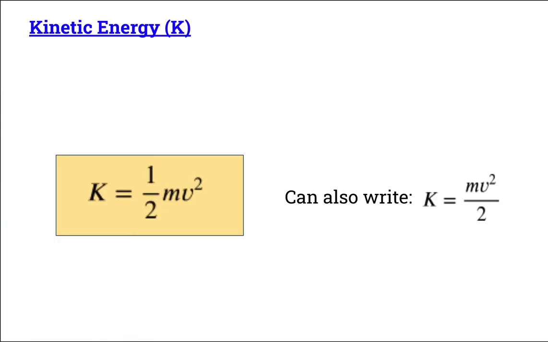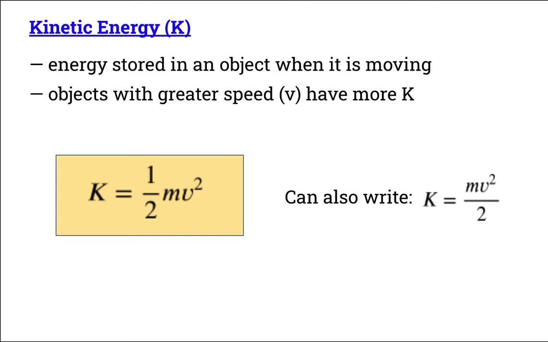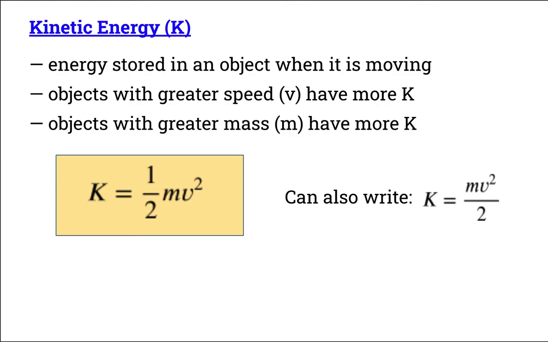Kinetic energy is calculated using the mass of the object and the speed. It has to do again with motion, and so the greater an object's speed, bigger the V is, the more kinetic energy it has. But also, if it's just a larger object, it has more mass that is moving at that speed. That is also going to be associated with more kinetic energy.